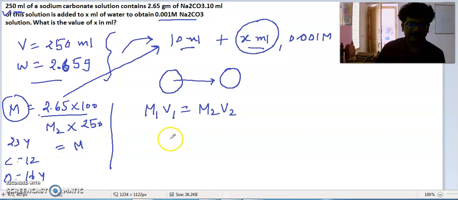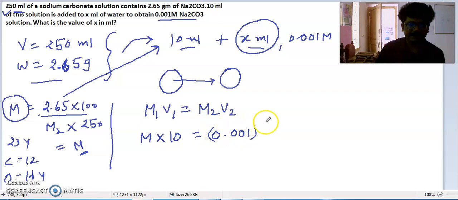So now suppose I get the molarity as M. Let's say the molarity is M. So this initial molarity, which is obtained through this step, is multiplied by the volume. How much volume are you taking? You are taking 10 ml. The resultant molarity is 0.001.